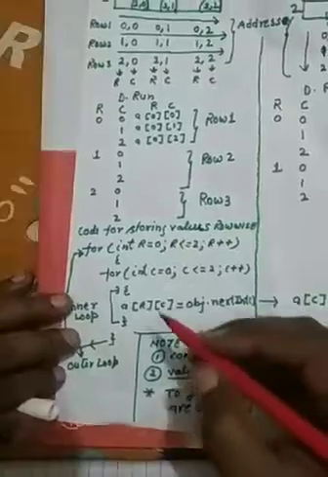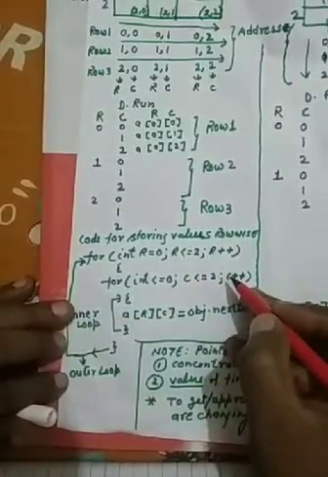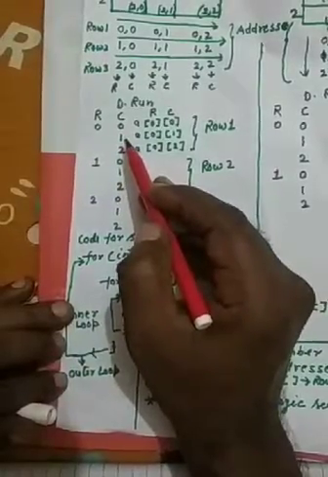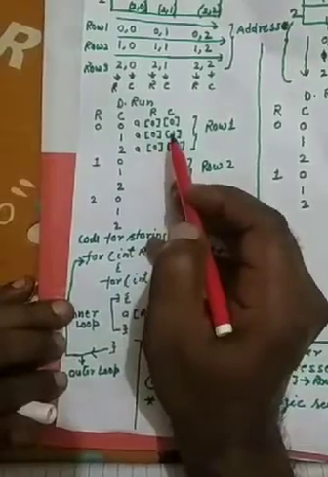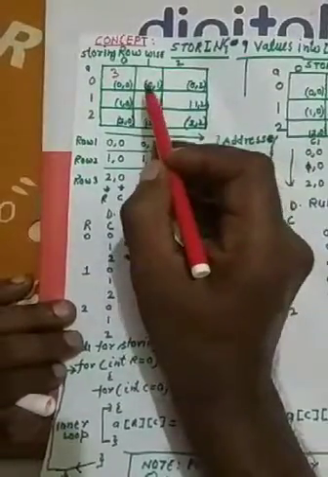Now see the dry run. It will go back here, and the value of c will become 1. So now it is asking for the value of A[0][1]. Where is A[0][1]? This is A[0][1].